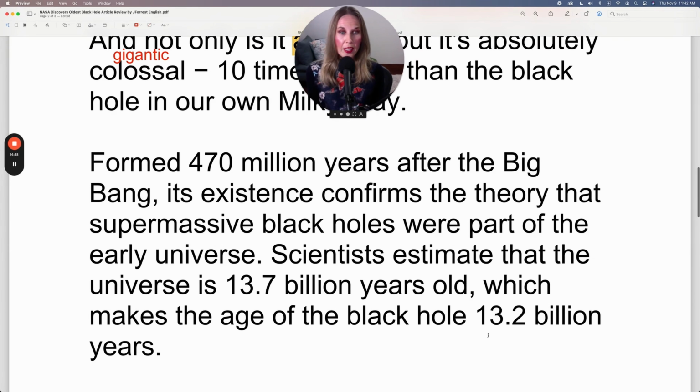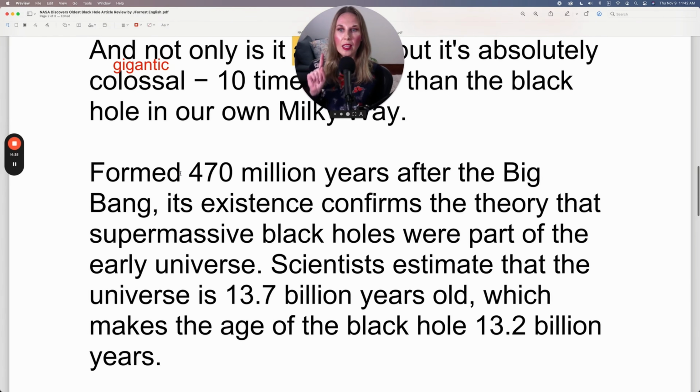So clearly, they're emphasizing here how old the black hole is. Now notice here, formed. Now they don't have the subject. They start with formed, and then this, its existence, the black hole's existence confirms.